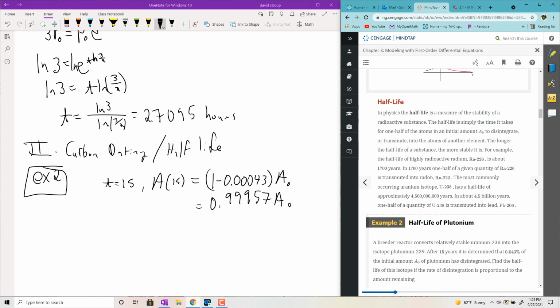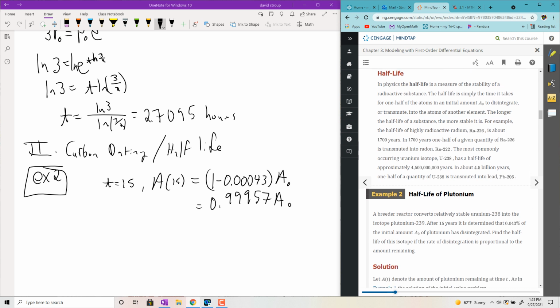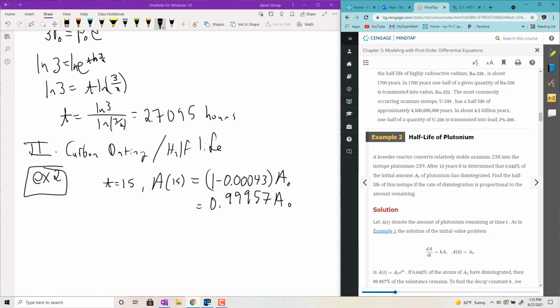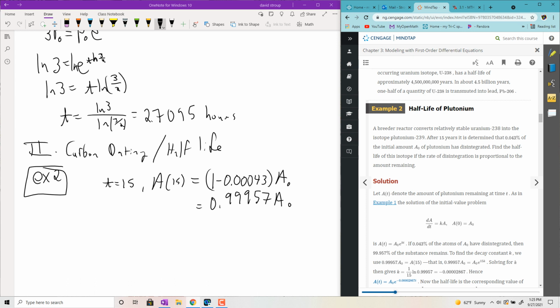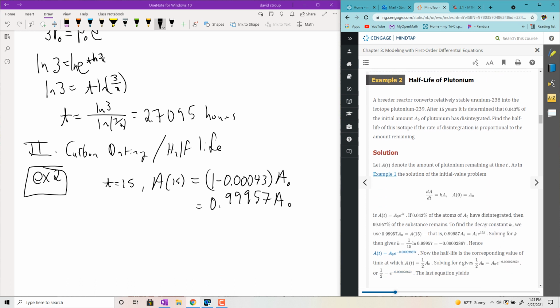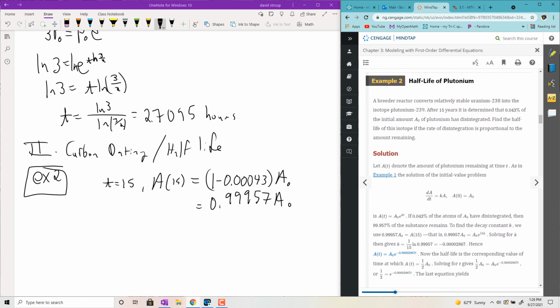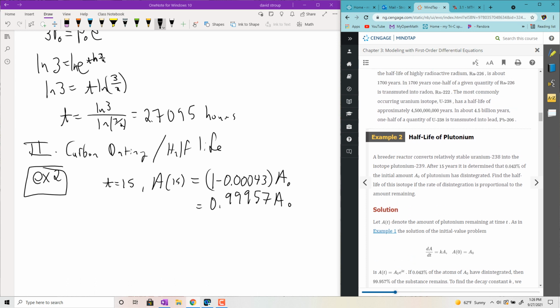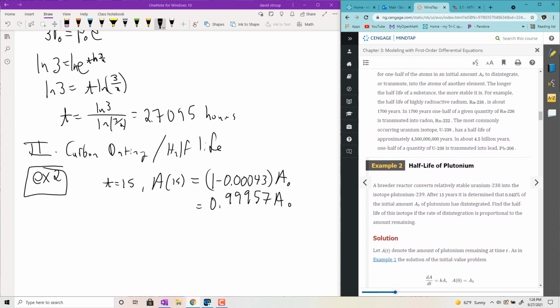There it is. 4.5 billion years. Are you kidding me? Oh, that's for lead. Sorry. So I don't think it's giving it for the half-life here. Does it give you a half-life? I don't think it does. Let's see if we can figure out just with what we're given.